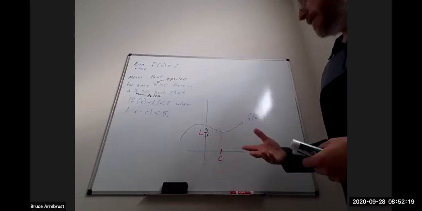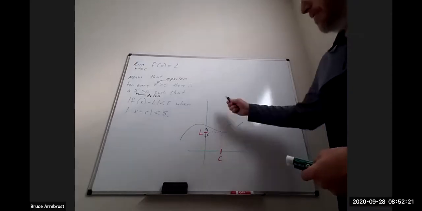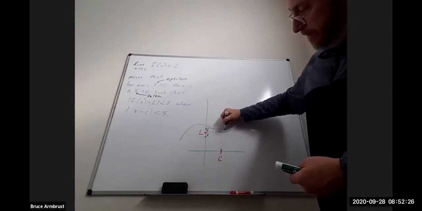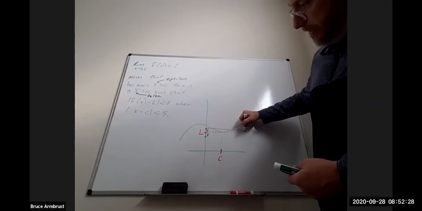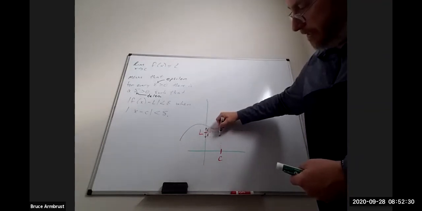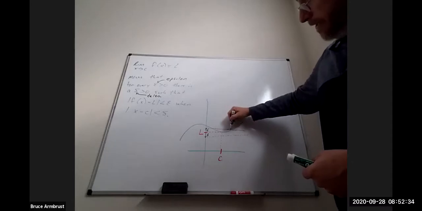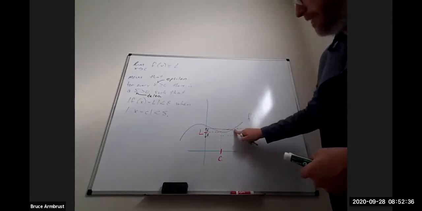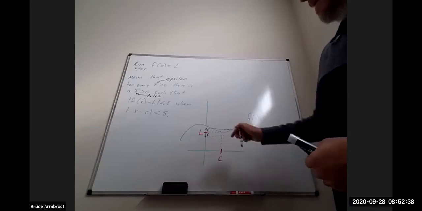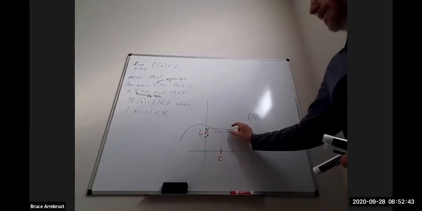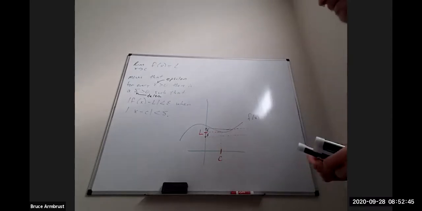So on the graph, think about going up epsilon and down epsilon. That forms a horizontal strip. So that's my plus epsilon, here's my minus epsilon. And what I'm looking for is where on this function am I going to be entirely within this horizontal strip?